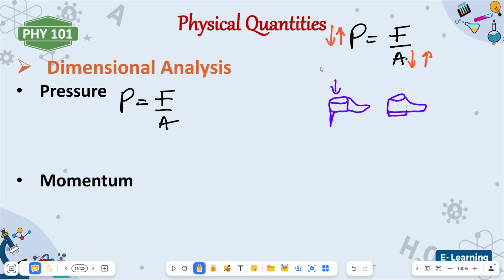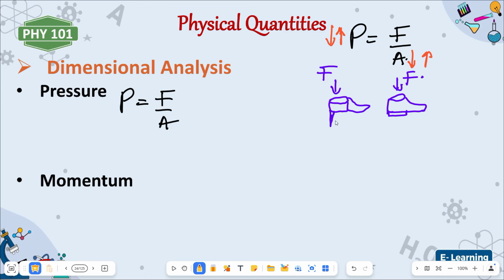Assuming they exert the same force and have the same weight, which one will be much more painful? Of course, the one with cork shoes. Why? Because you will first be dazed everywhere before you come to your senses. That is what I'm trying to tell you: pressure is force over area.